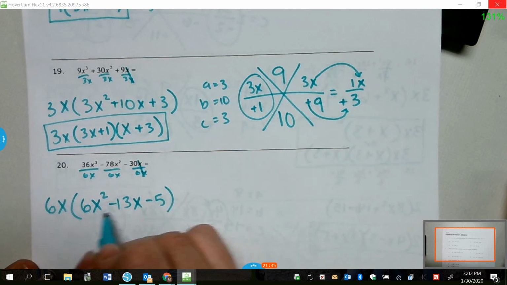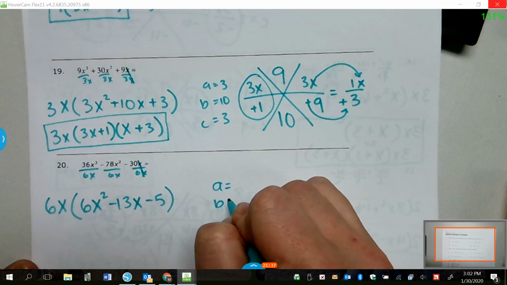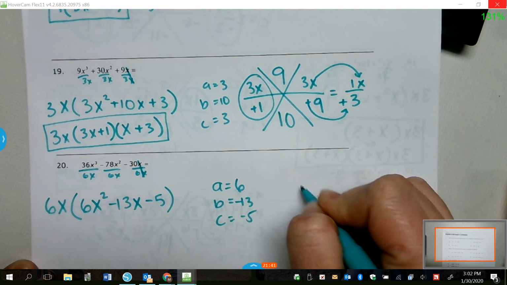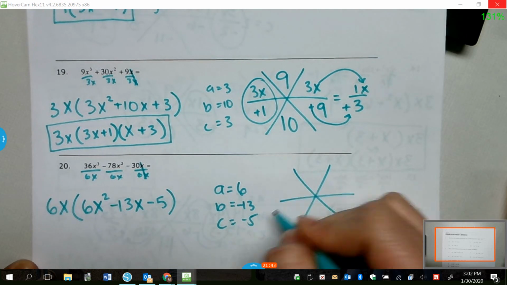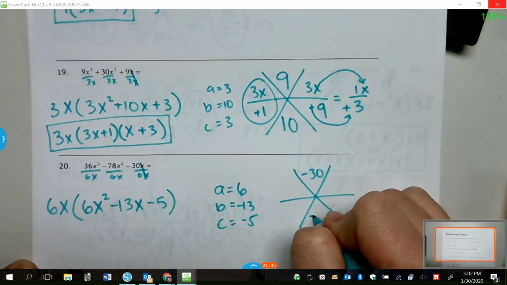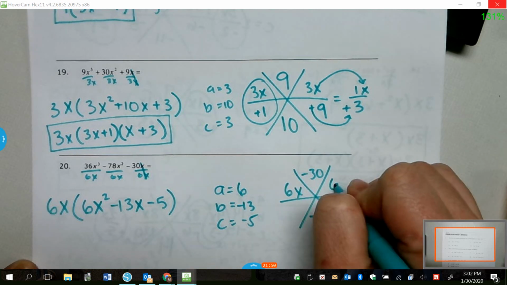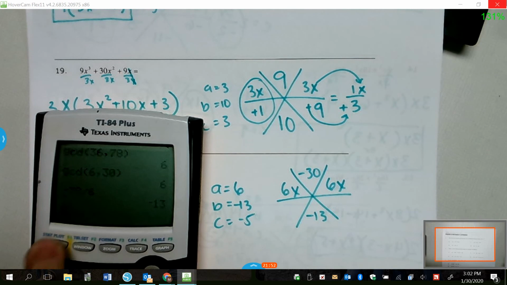So now let's see if that can factor. So remember, a times c on top, so negative 30, negative 13, 6x, 6x. So let's see, negative 30 divide x, negative 30 divide x plus x.